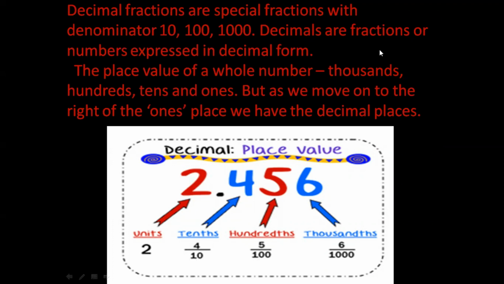Decimals are fractions or numbers expressed in decimal form.